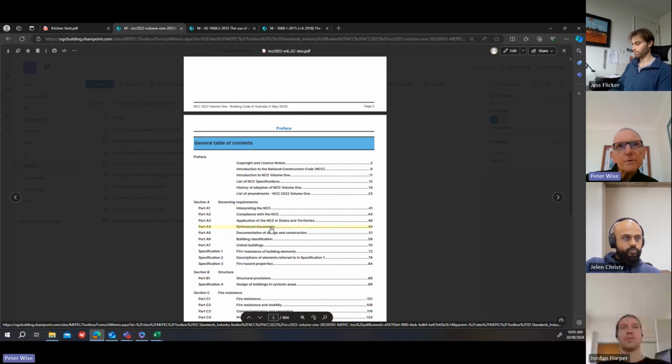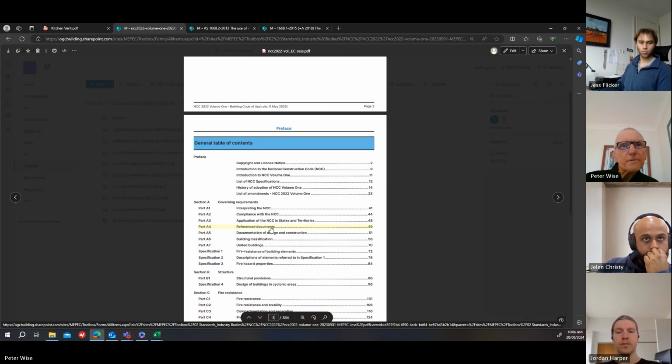Whenever the NCC comes out, it refers to other documents, which principally are Australian standards, but there's other things as well. So when you're dealing with a project, and let's say we're dealing with NCC 2022, you need to look at these reference documents.